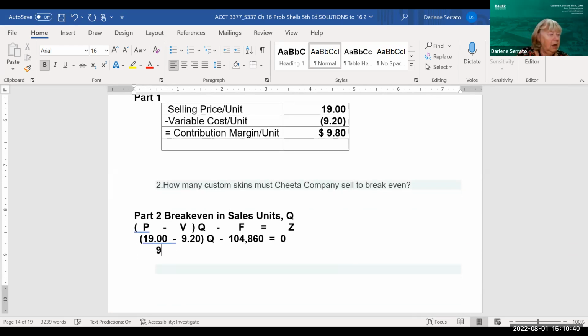So you're going to get 9.80 Q is equal to 104,860. So Q is equal to 104,860 divided by 9.80. And that's going to give us 10,700.